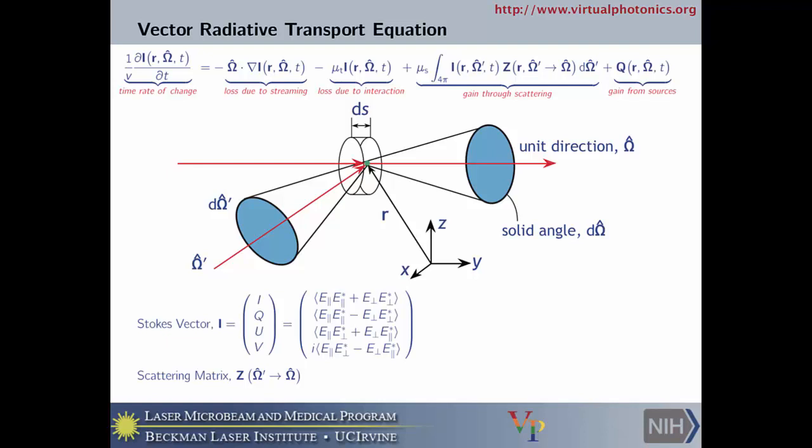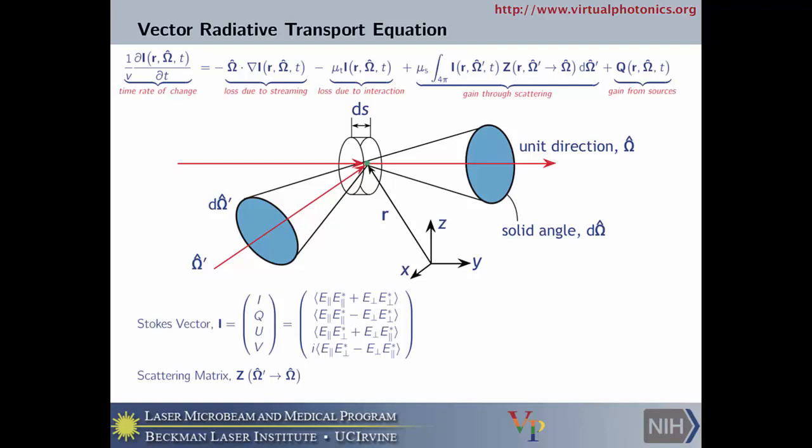And this can be treated within the radiative transport context using something called the Stokes vector, which collectively gives you a comprehensive description of the polarization state of light. So you have parallel components of the electric field, perpendicular components of the electric field. Star refers to the complex conjugate of that.